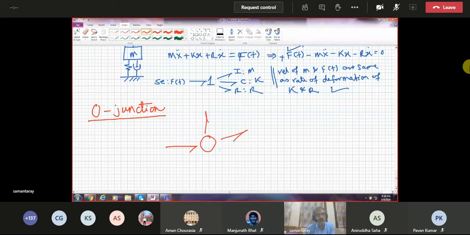So you have, let's say, E1, F1, E2, this is out, F2, E3, F3, E4, F4, E5, F5. So this zero junction, by definition, is a strong law.